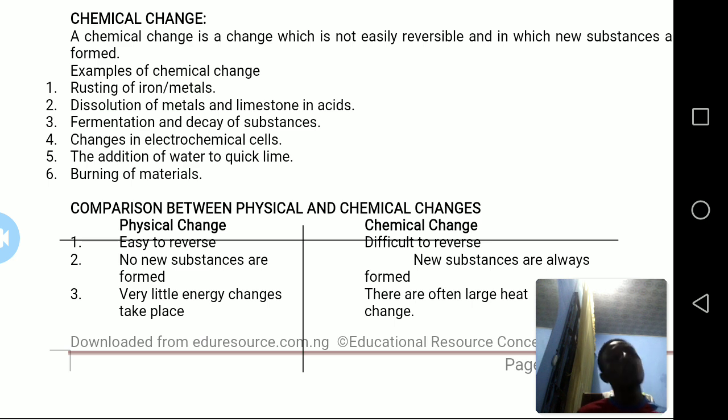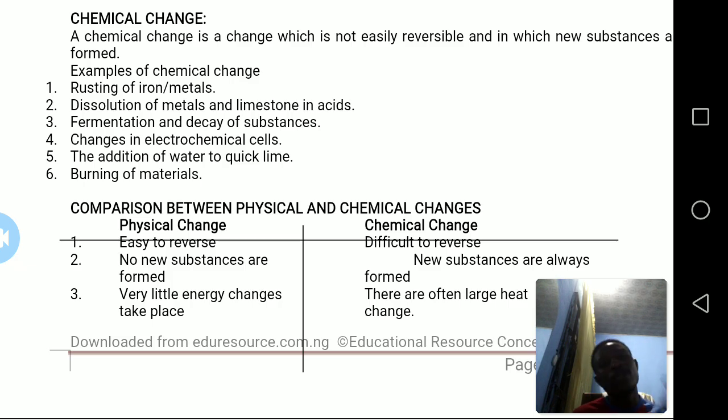You cannot revert that ashes back to cloth or reverse it back to fire. This is just a very simple explanation of the chemical change that happened there. Okay, all right, so that is simply it.